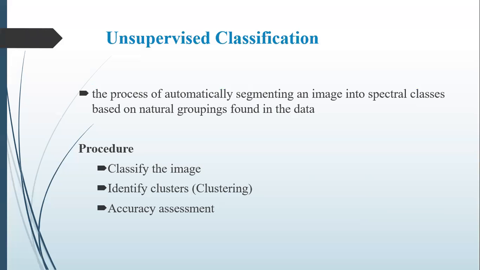But in supervised classification, we take a training data set from the image, and based on our classes and training data set, the machine provides the result. Here the difference is clear. We are not taking any training data set.